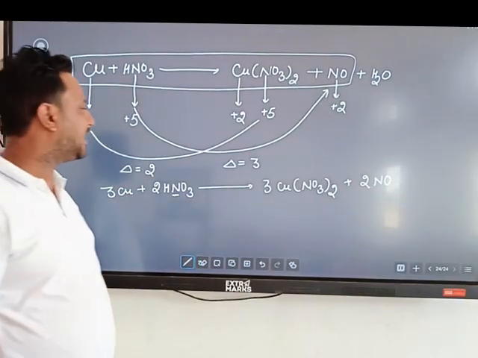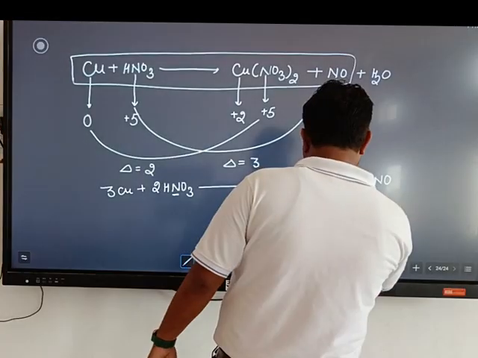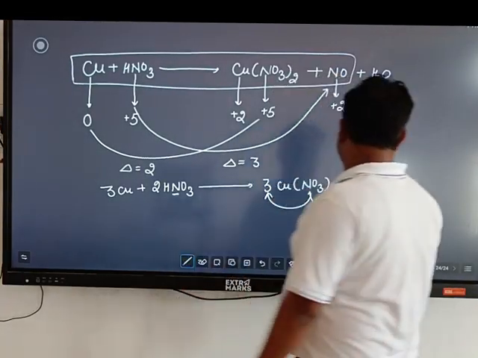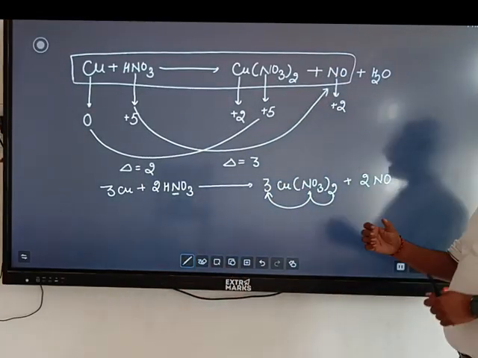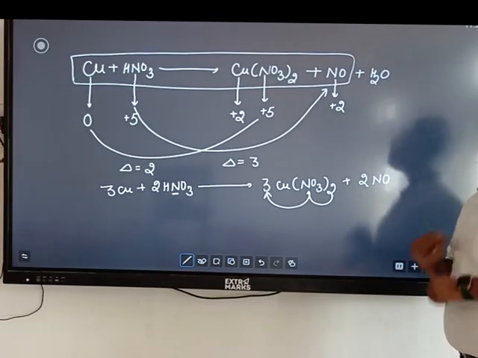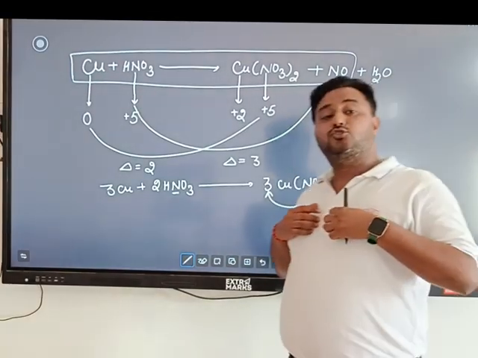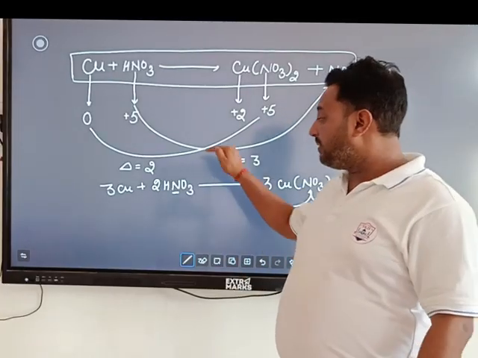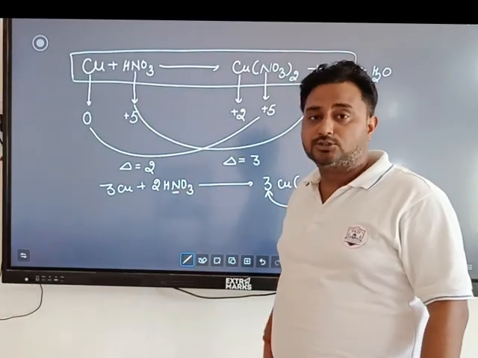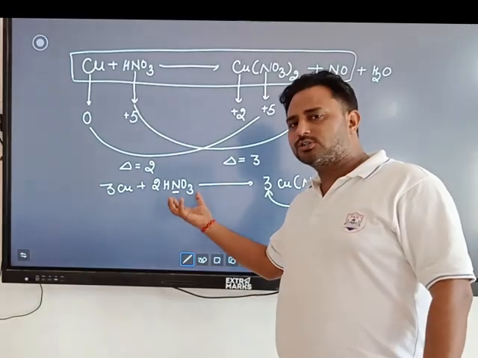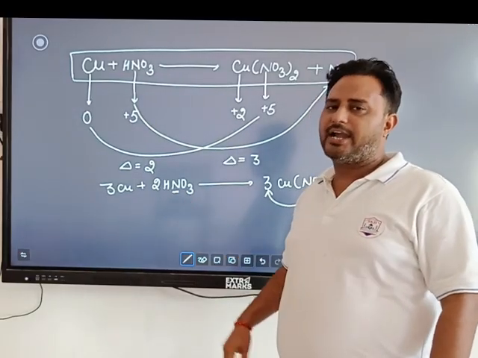Now calculating the product side also. So it is 2 into 3 means 6, plus 2, means there are total 8 nitrogen atoms on the product side. So if the reaction is totally balanced, then there will be 8 nitrogen on the reactant side also, and you know the source of nitrogen on the reactant side is the nitric acid.